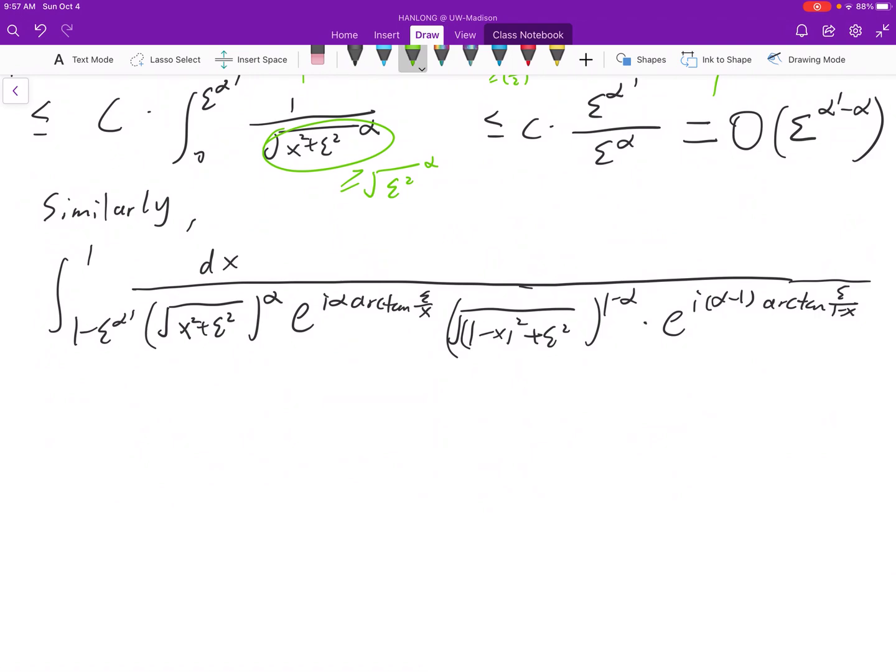Then this one is bounded below by 1/2 to the alpha's power, this is 1, this is 1.